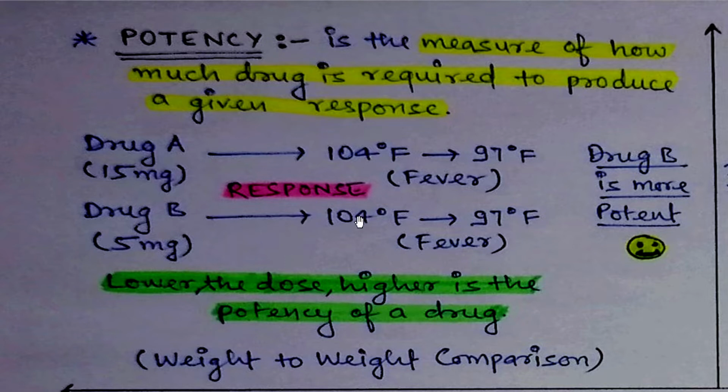The response is same, but the quantity differs. That is the reason drug B is more potent. Lower the dose, higher is the potency of a drug. Here in potency, it is weight to weight comparison.